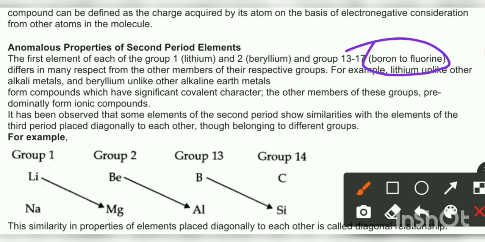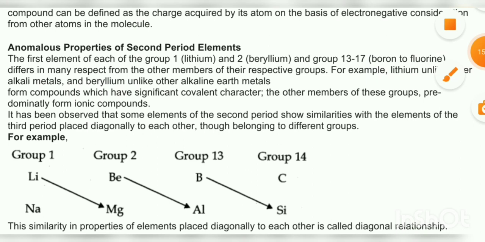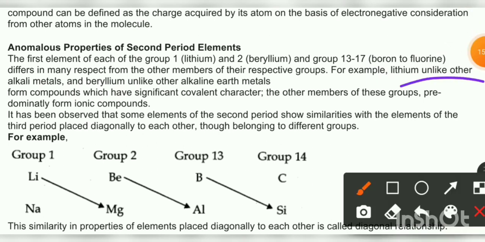These elements, that means lithium, beryllium, boron, carbon, oxygen, nitrogen, and fluorine, behave differently with respect to each group. ಓಕೆ, ಸೊ ಪ್ರತಿಯೊಂದು ಗ್ರೂಪಿನಲ್ಲಿ ನೋಡಿದರೆ ಸೊ ಅದು ಡಿಫ್ರೆಂಟ್ ಆಗಿ ಬಿಹೇವ್ ಮಾಡ್ತದೆ. ಫಾರ್ ಎಕ್ಸಾಂಪಲ್, ಲಿಥಿಯಂ, unlike other alkali metals, means first group elements contain lithium also.